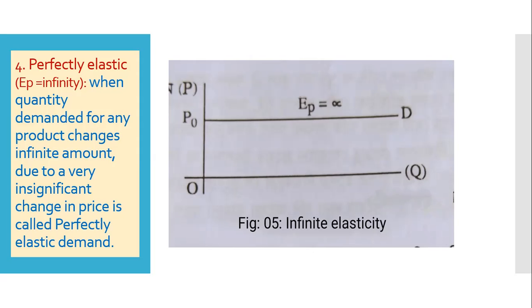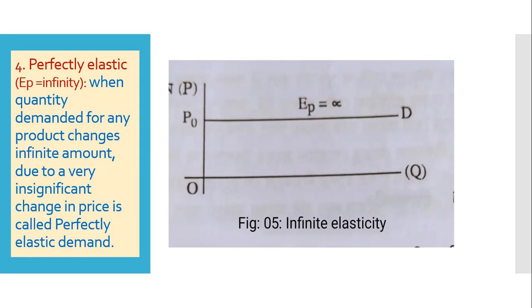Because in a perfectly competitive market all goods are homogeneous, all goods are the same. So students, when you go to the chapter on market, then you will understand more of this, because there we will study the perfectly competitive market.